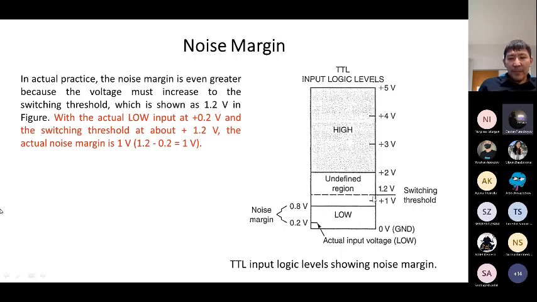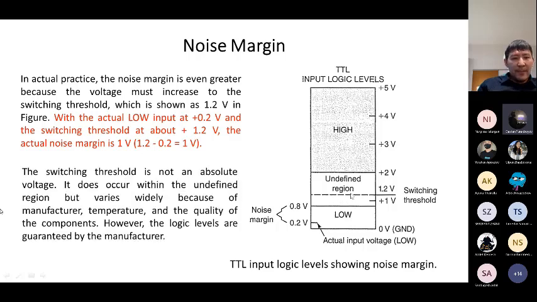Because, for example, if your signal is higher, for example 0.9, it will not be switching, because for switching in this kind of situation it should be 1.2 volts. So we call this the switching threshold in integrated circuits.